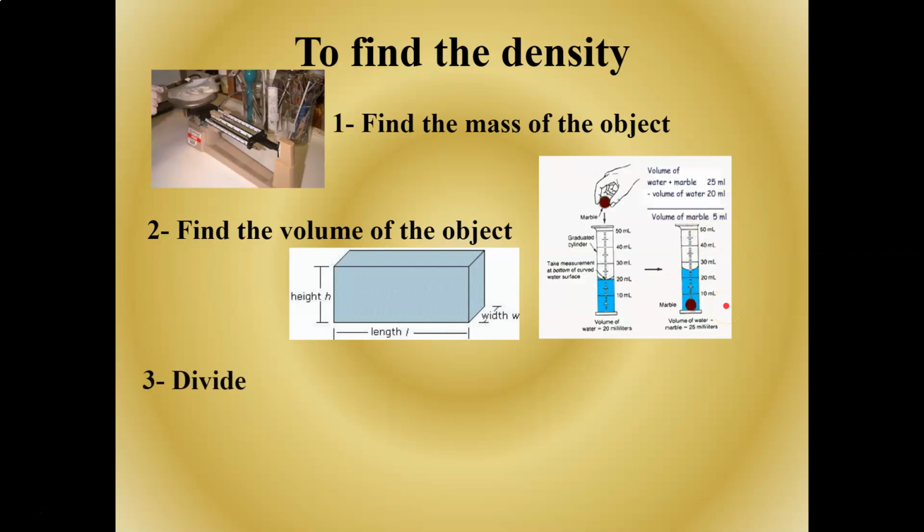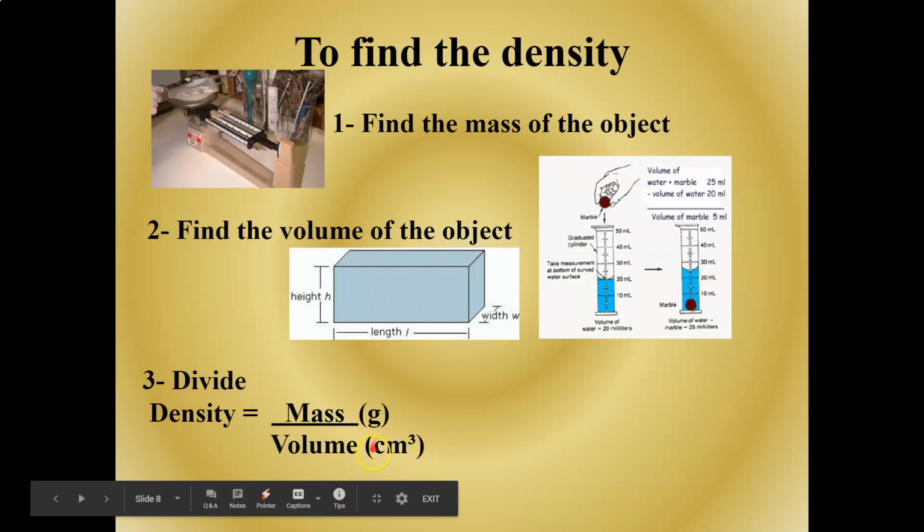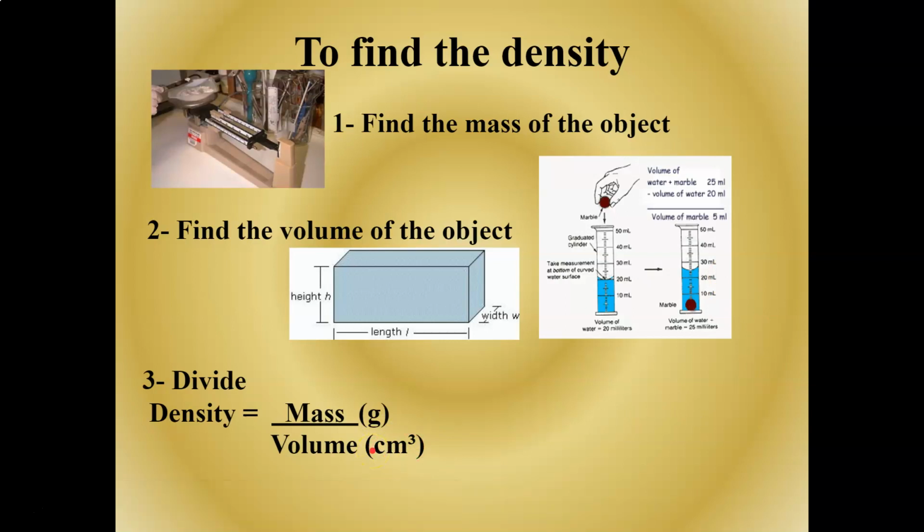And then it's a really simple division. The mass, which we measured in grams, would be then divided by the volume, which could be measured in cubic centimeters or milliliters. Again, they're equal. And that would give us our answer. And you need to remember, when calculating density, to always include the units that you are using. Typically for solids, we talk about cubic centimeters, whereas for liquids, we would use milliliters, but either are interchangeable.